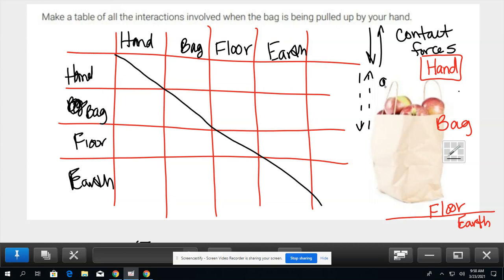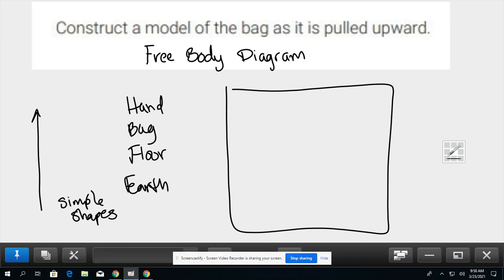In this instance, anything from Earth's gravity is going to be a dash, because that's working at a distance. However many plus signs you have on this chart is the number of arrows you are going to add to this free body diagram.